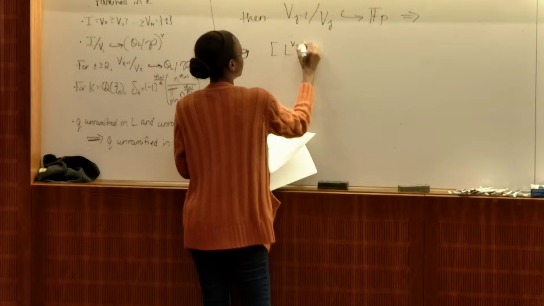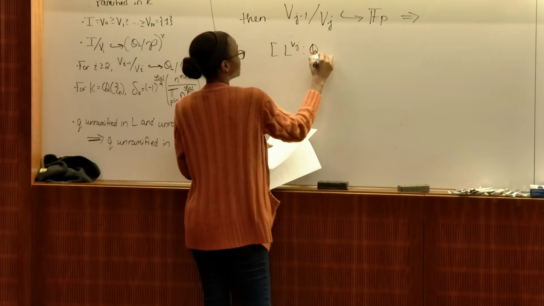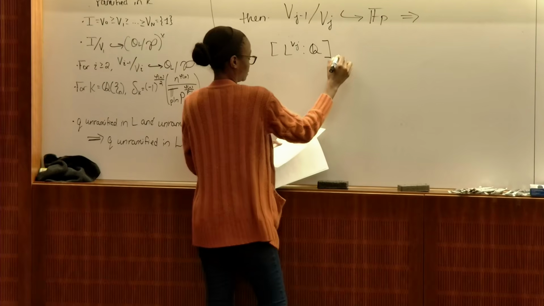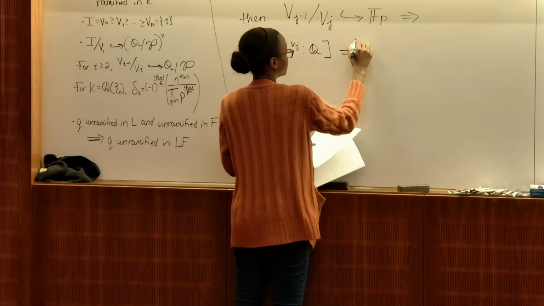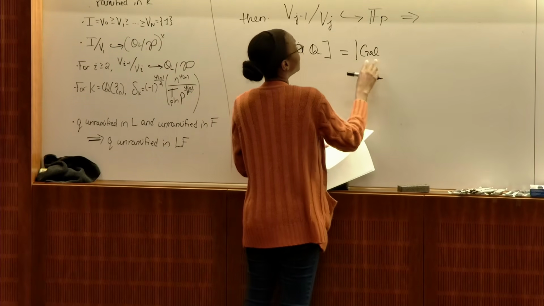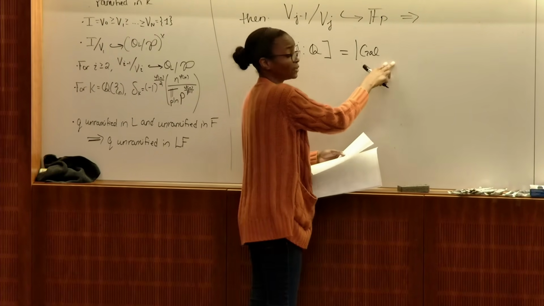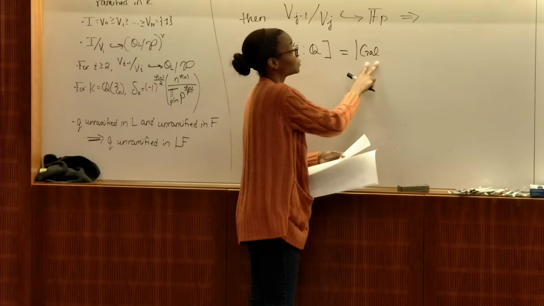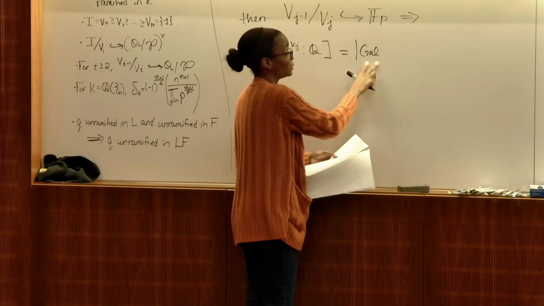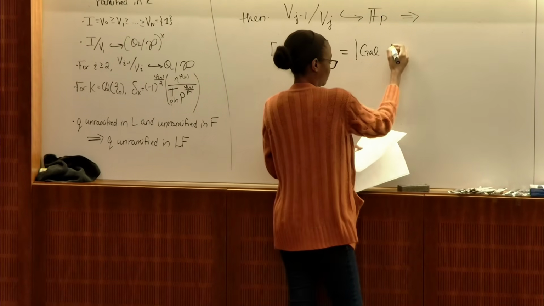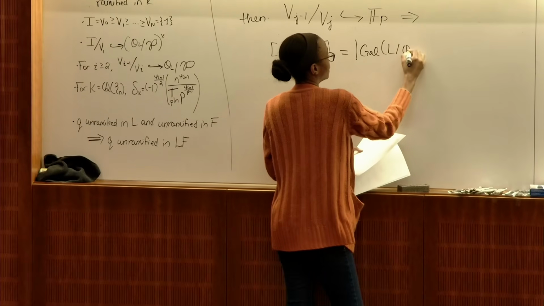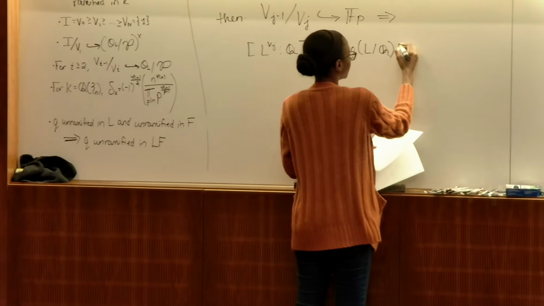Okay, so the degree of this extension has to be the index of, normally I would just have to write V_{j-1} over V_j, but here V_{j-1} is the Galois group, so really what I want to know is the index of V_j inside of the Galois group.